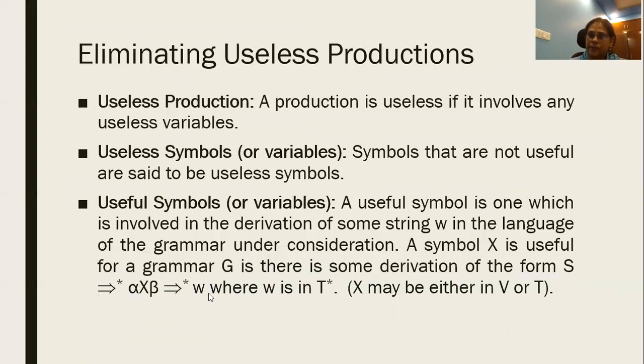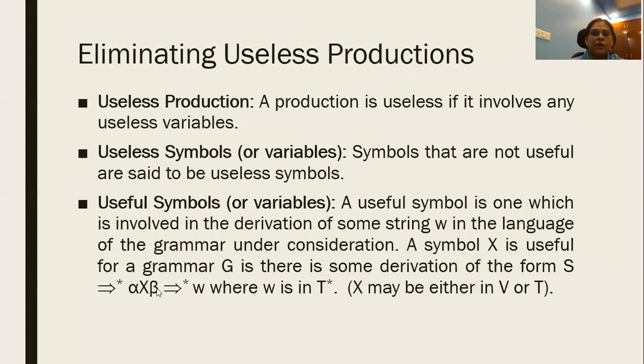So, there are two aspects here. One is the right hand part of the derivation and one is the left hand part of the derivation. If this kind of a sentential form, alpha X beta, can be derived from S, then we say X is a reachable variable.